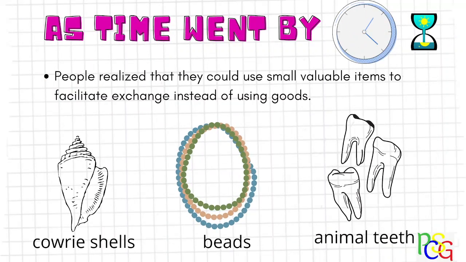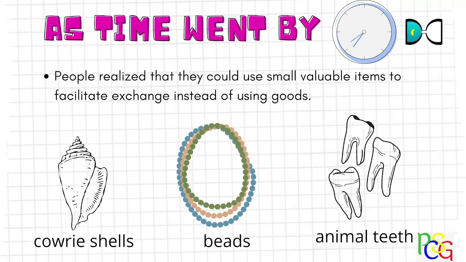So as time went by, from the whole system of bartering, people realized that they could use small valuable items to facilitate exchange instead of using goods. So they used things like shells, beads and animal teeth.